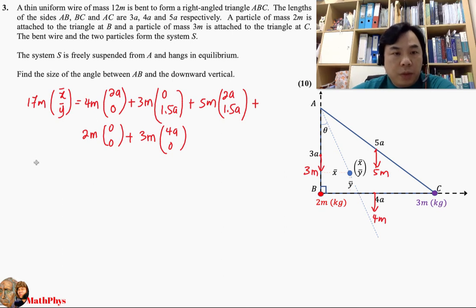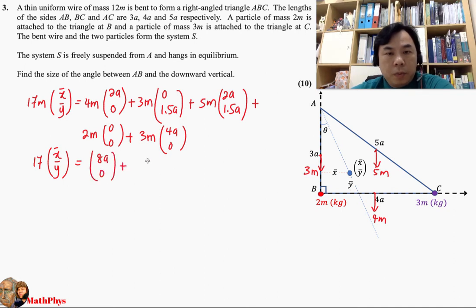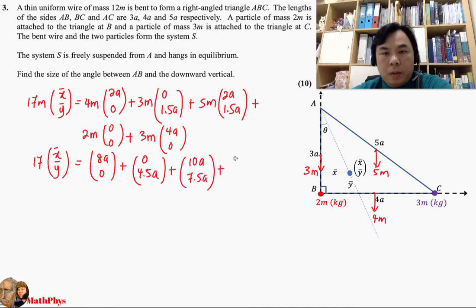We can simplify these calculations as such. So we have 8a, 0. So there's a 0, 4.5a. And then here you have 10a, 7.5a. Then we have a 0, 0.